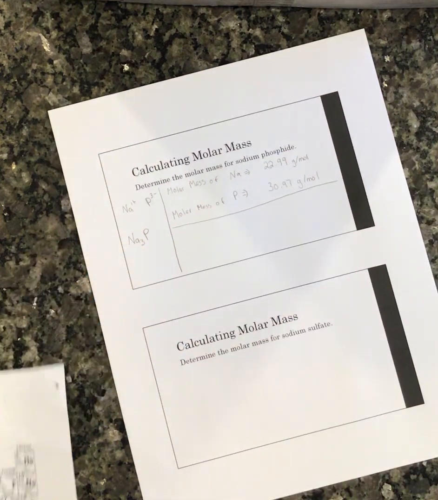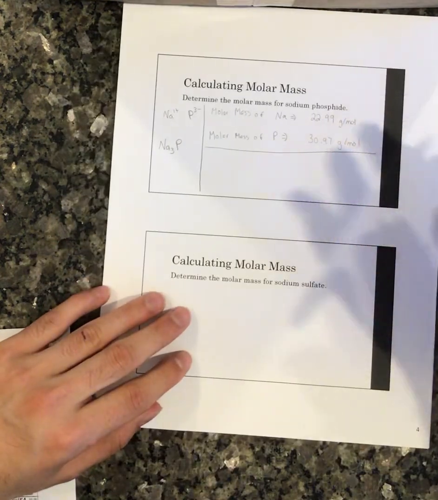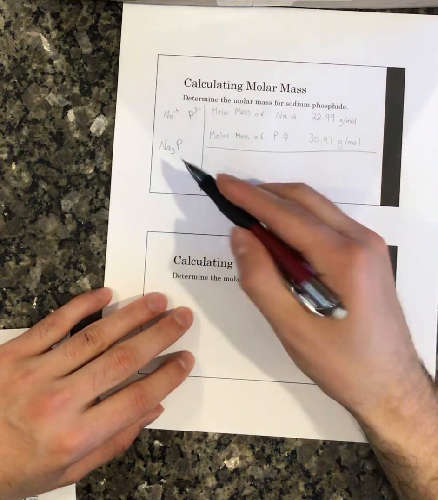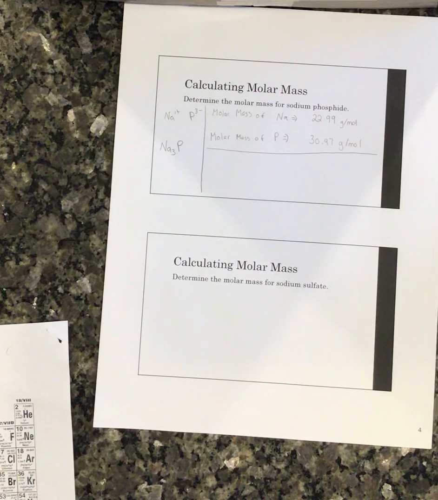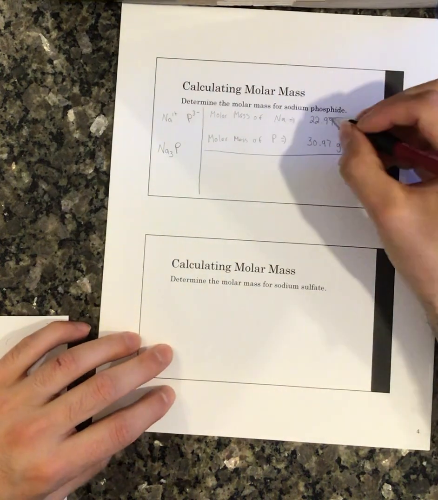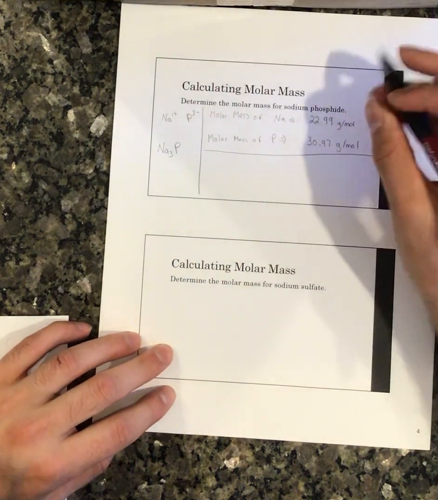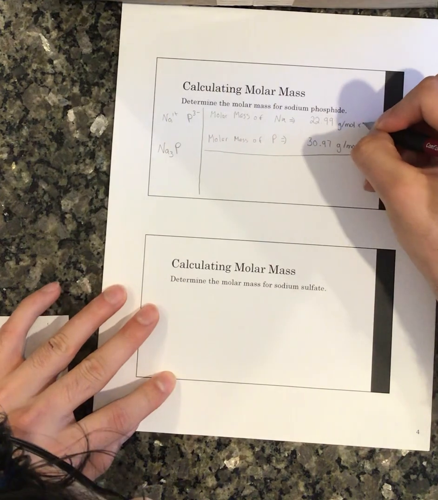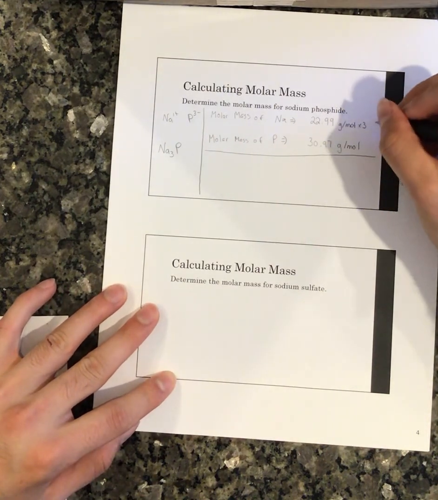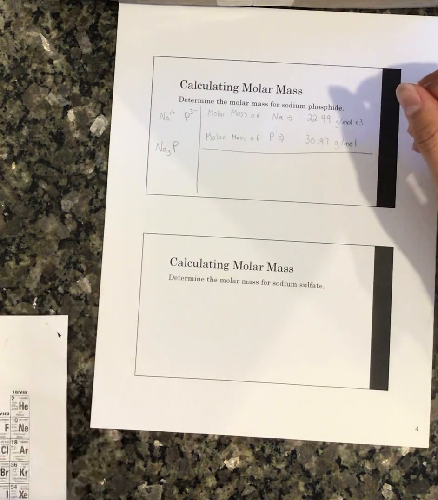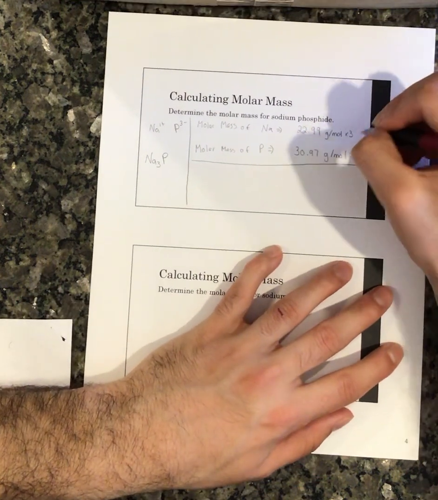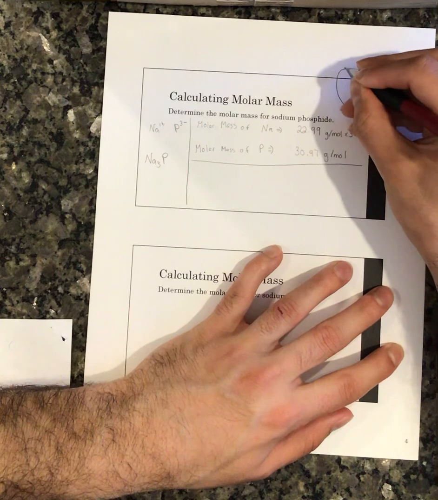Now, how many sodiums do I have? I have 3 sodiums, so technically I would have 3 moles of sodium. Okay, so what we're going to do is take 22.99 here and multiply it by 3. And the number that you get, that's what we're going to add to phosphorus. I'm kind of running out of room here, so I'm just going to put an arrow up top.